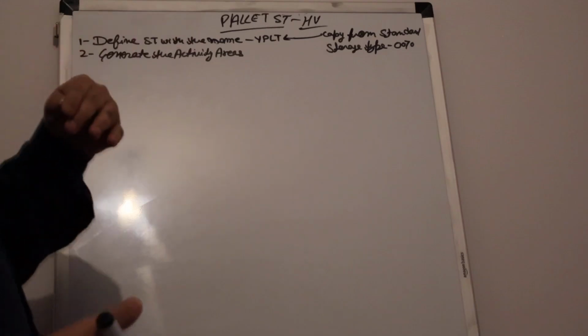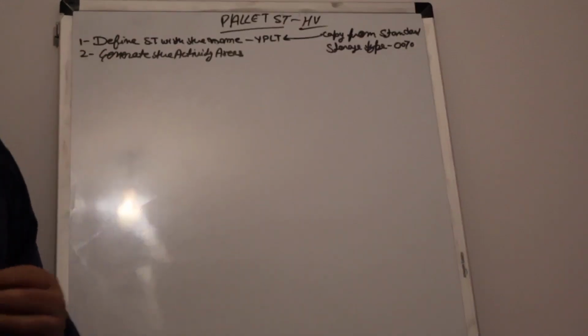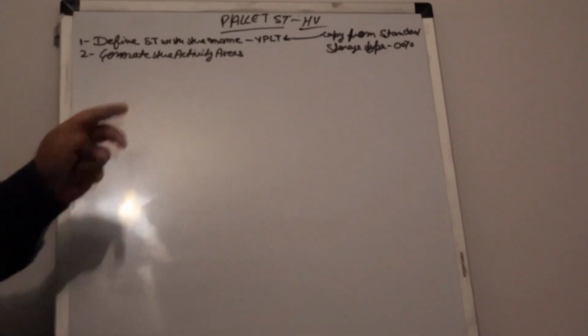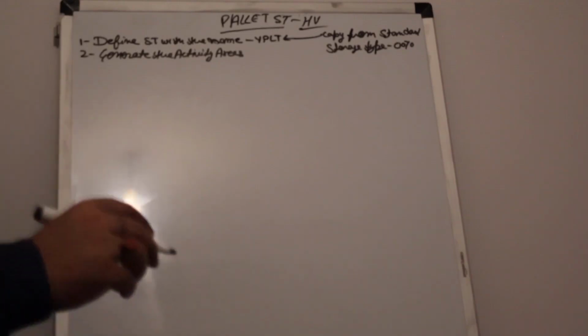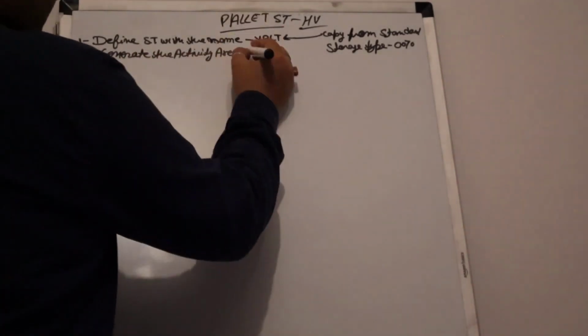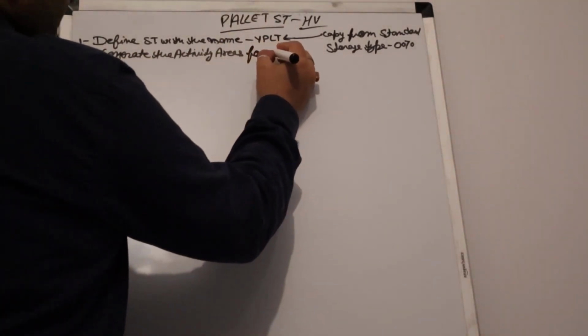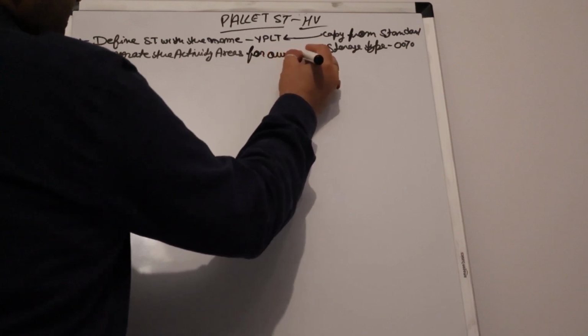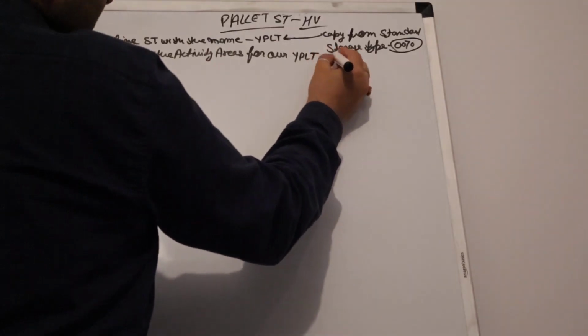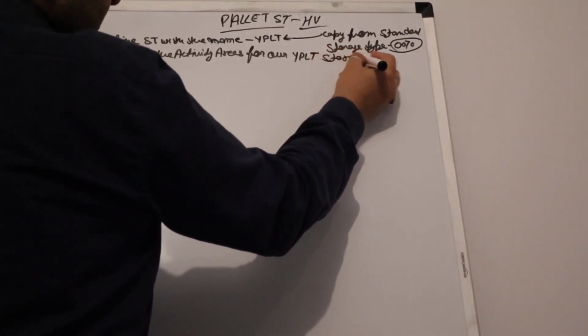If you don't generate the activity area, the bin will be like dead, nothing will happen. So we generate the activity areas for our YPLT, which we copied from the 0070 storage type.